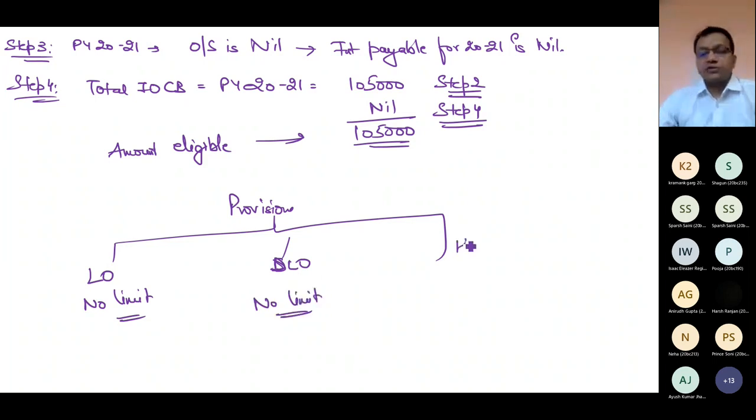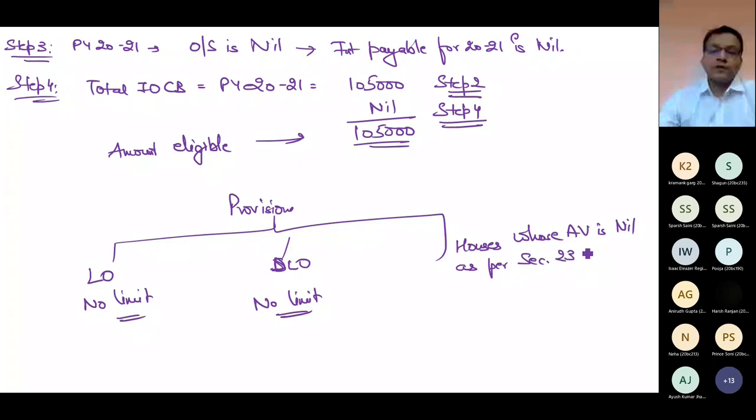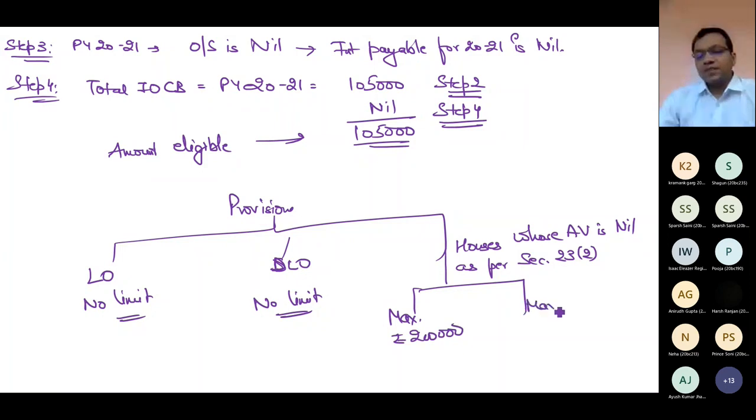But in respect of houses whose annual value is nil, as per section 23(2), you cannot deduct entire interest. Your deduction depends upon what? Either it will be maximum 2 lakh or it will be maximum 30,000. That case I have already discussed with you in the last lecture.